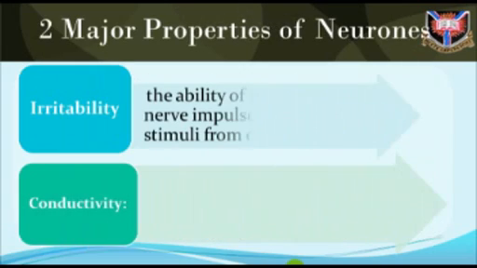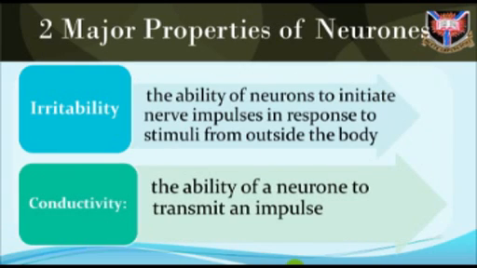Properties of neurons. Neurons have two major properties, which are irritability and conductivity. Irritability. Irritability is the ability of neurons to initiate nerve impulses in response to stimuli from outside the body.